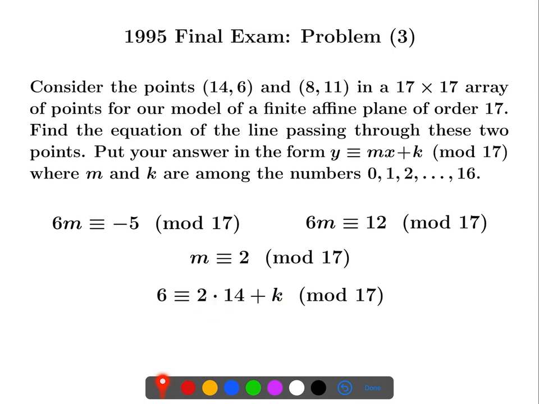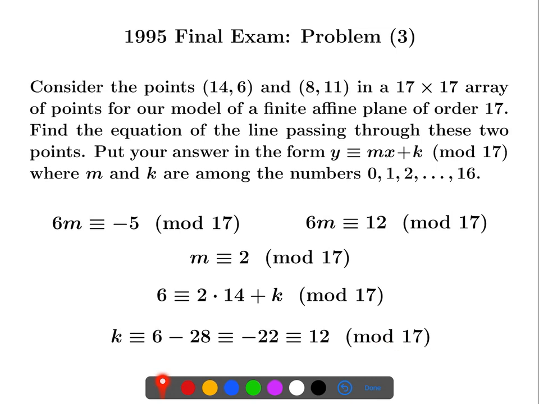This will be minus 28. We bring the 28 over, and we have k is 6 minus 28, or minus 22 modulo 17. I want to add 17 to this, so add 34 or 17 twice, and we'll get 12 for what k is. So we have m is 2 modulo 17, and k is 12 modulo 17.